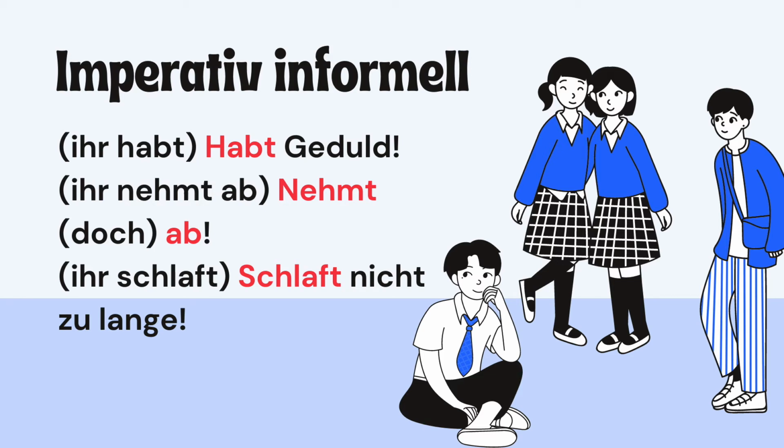The next one is ihr nehmt ab, which means you lose weight. If you want to say lose weight, then nehmt ab or nehmt doch ab, two ways. It's the same meaning. The next one is ihr schlaft, you sleep. If you want to say don't sleep too long, you can say schlaft nicht zu lange.